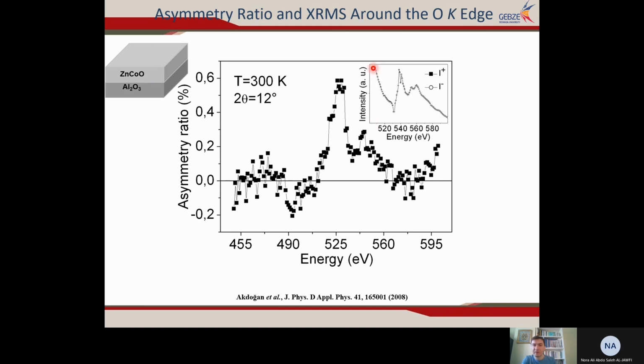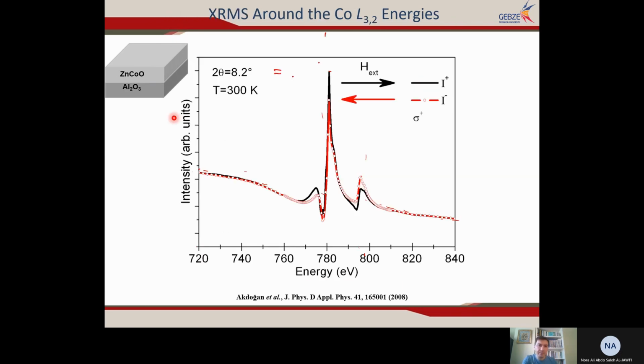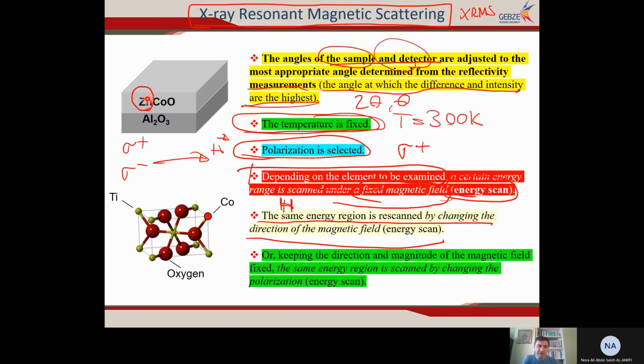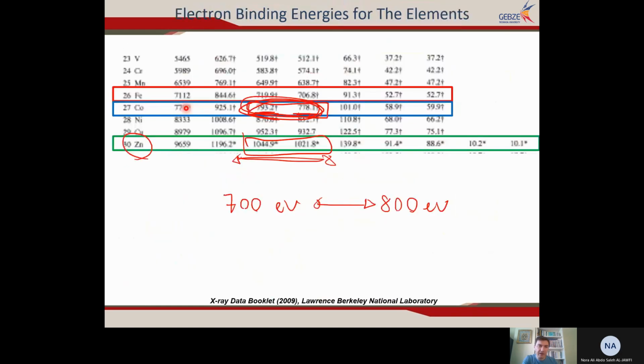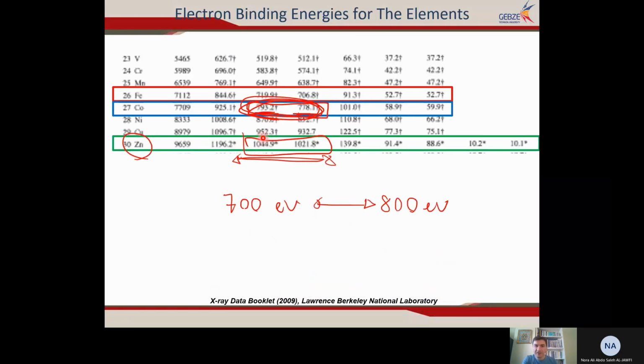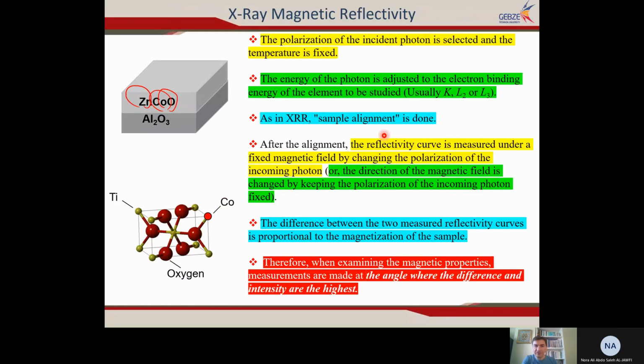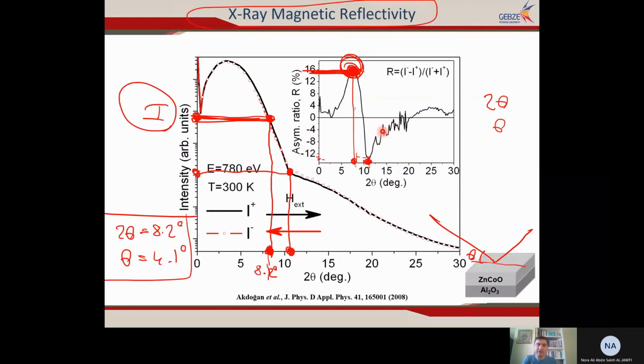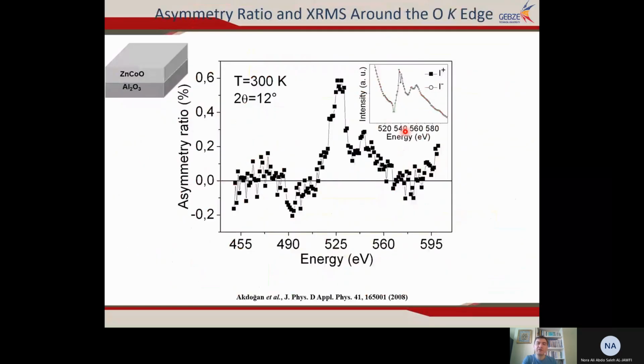We have the XRMS experiment, and this is the oxygen K edge. The oxygen binding energy for the K energy level is 543 electron volts, somewhere here, okay? So we start before this energy and finish after this energy, and we scan this range.